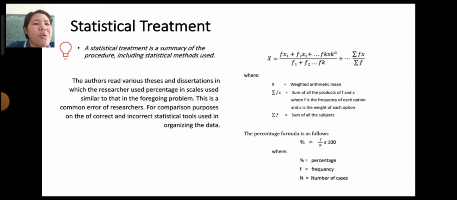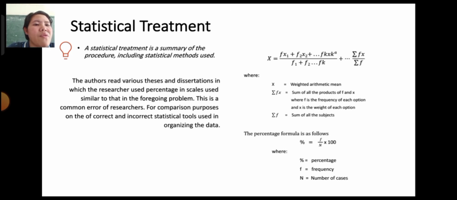Okay, we have a formula here. This is the formula of mean or formula of weighted mean, where x is equal to the weighted arithmetic mean, and summation of fx is equal to the sum of all the products of f and x, where f is the frequency of each option and x is the weight of each option, and summation of f is equal to the sum of all the subjects.